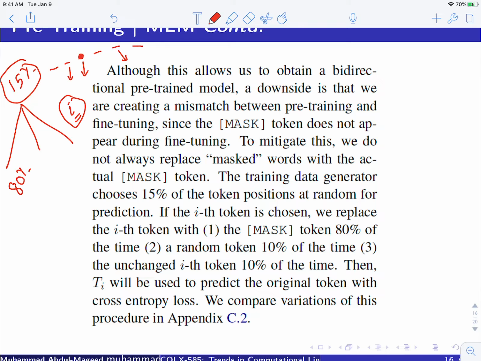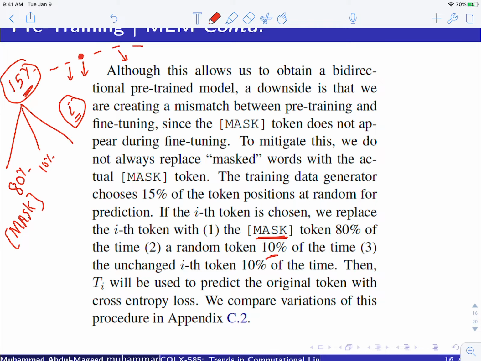80% of the time, we are going to replace the word with the token mask. And 10% of the time, 10% out of the 15%, which is basically 1.5%, they said we will leave it as is.